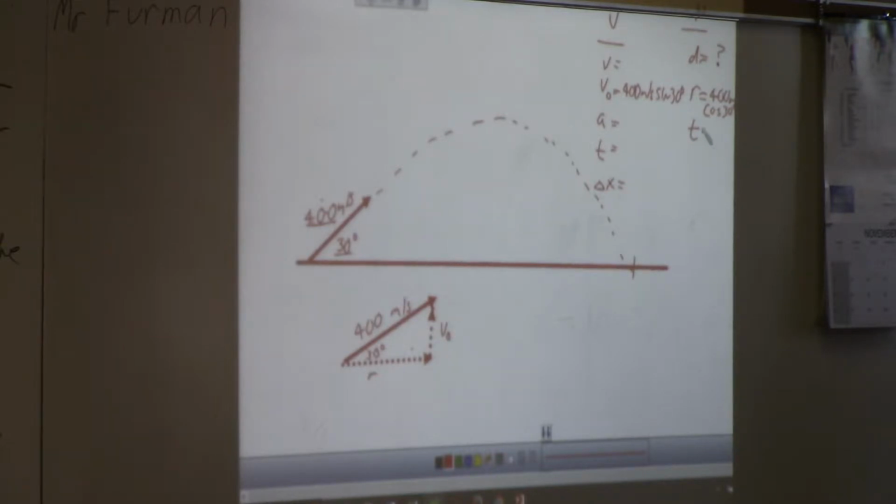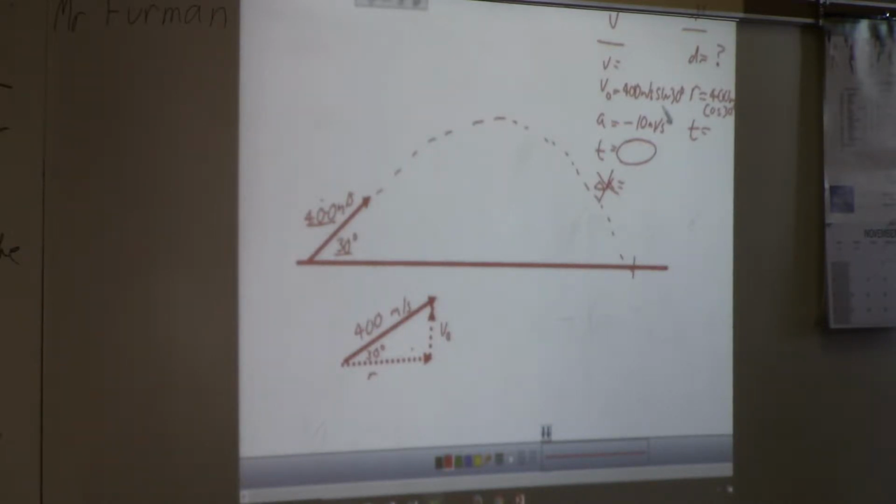To find horizontal distance, I still need time. So I'm going to come over here and find time. Vertically, acceleration is always negative 10 meters per second squared. Delta x: do I know how high it went? No, probably not. Delta x is usually not useful in problems like this, but my final velocity is. If it had an initial vertical velocity of 400 times the sine of 30, what's the sine of 30 degrees? One of those special ones.